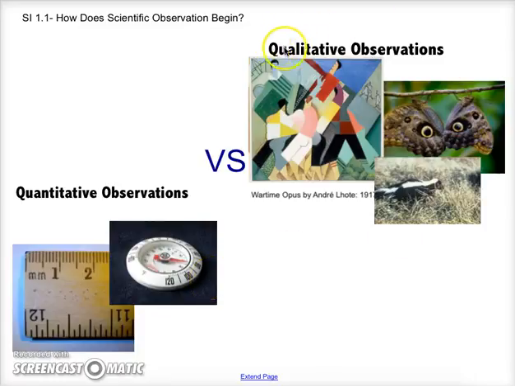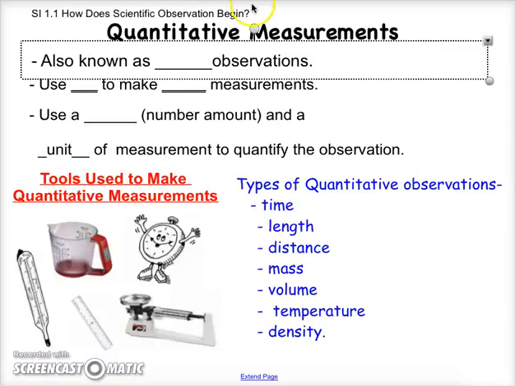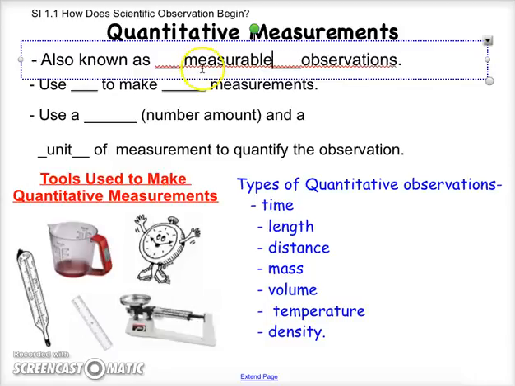Up here we have qualitative observations. Quality is the base word of this, so it's the senses or opinions of what we observe. So quantitative measurements, they're also known as measurable. So we can measure quantitative measurements.